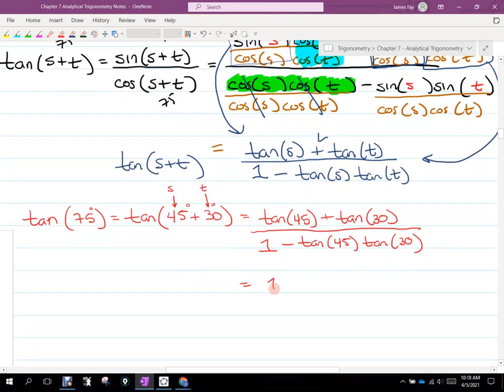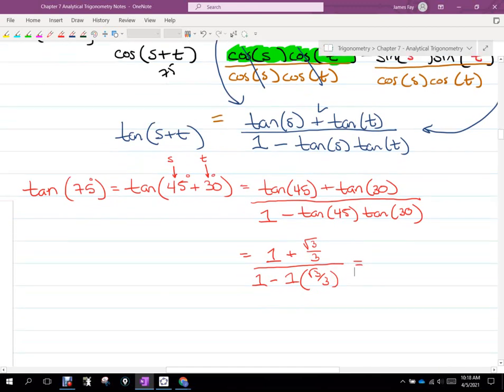It's 1. Plus then tangent of 30. If I go sine divided by cosine at 30, I'm going to have 1/2 divided by radical 3 over 2. 1 over root 3. And if I rationalize that, I'm going to change it to root 3 over 3. So that's the numerator. The denominator becomes 1 minus 1 times root 3 over 3.